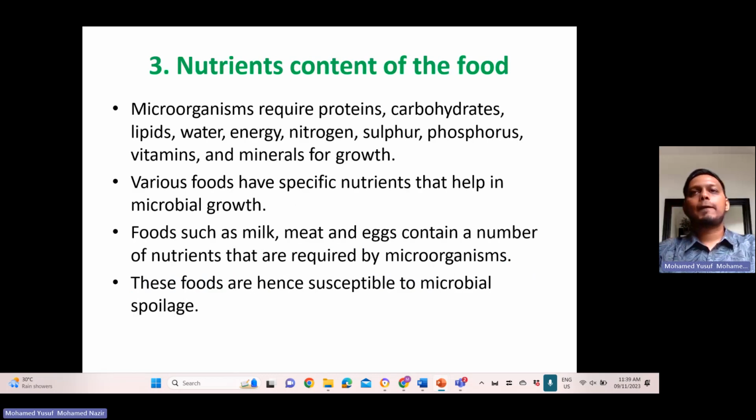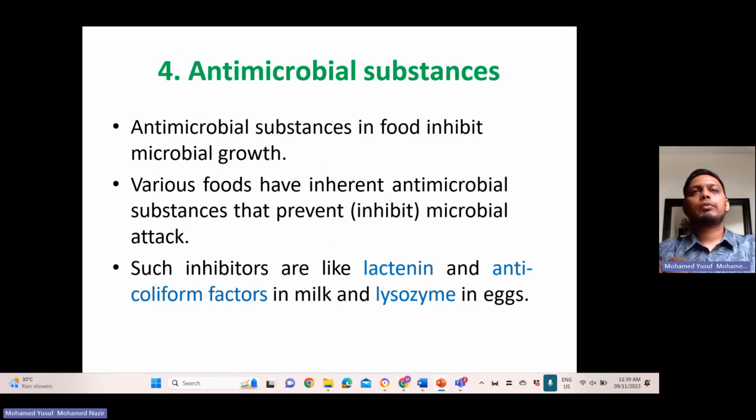Okay, the fourth factor is antimicrobial substances. Some foods have antimicrobial substances where they can inhibit the growth of certain microbes. For example, lecithin and anticoliform factors can be found in meat, and also lysozyme in egg.